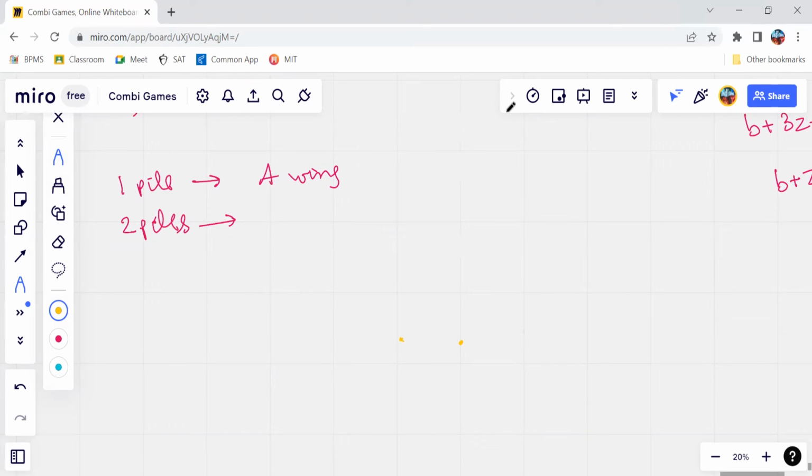Who wins? B. Yes, because A has to pick a stone, and B will pick the other stone. Yep. 1 and 2, who wins? A can take the first stone. So we have forced B to come to the stage where A was in the 1-1 stage. So A will win here.